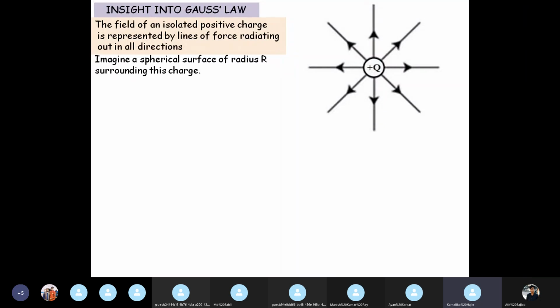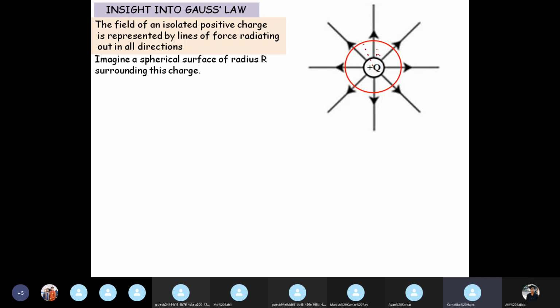Okay. Now let us imagine a spherical surface of radius r surrounding this charge. We'll just imagine this surface doesn't exist. Of course with its center at the position of the charge.